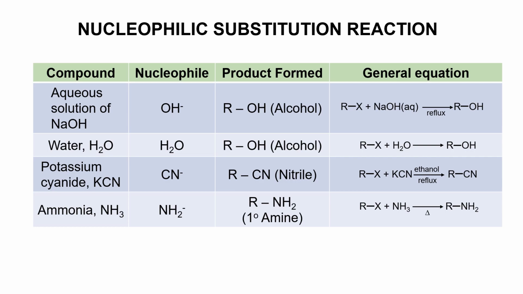Third reaction involves potassium cyanide. So the nucleophile is cyanide ion, the product formed is a nitrile compound, and this is the general equation. The fourth reaction involves ammonia, with NH2- as the nucleophile, and the product formed is a primary amine. So this is the general equation for reactions with ammonia.